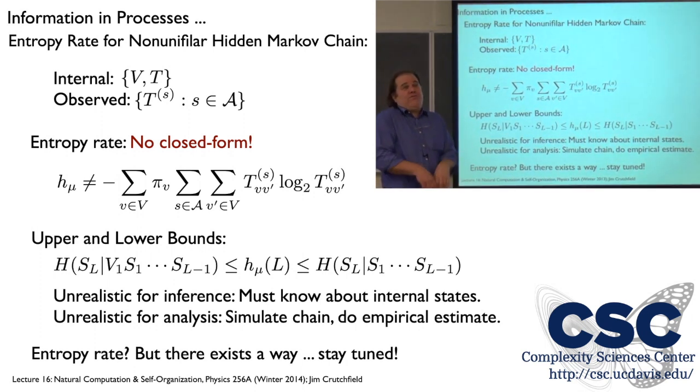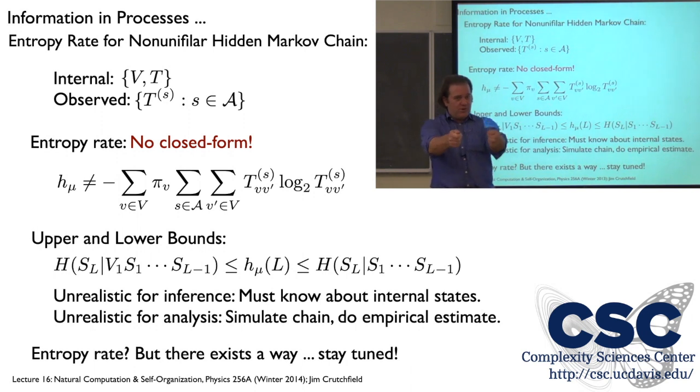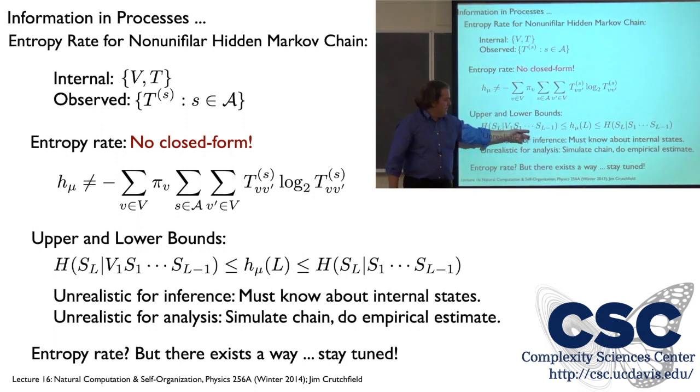I mean, if you've designed the apparatus, then okay, maybe you have access and can stick your head in the box. But if I just gave you a process in terms of word distributions, what's an internal state? I couldn't even use this part of the bound because I don't know what the states are. Binary alphabet, maybe the thing has 100 internal states. I don't know. It's non-unifilar, you're stuck.